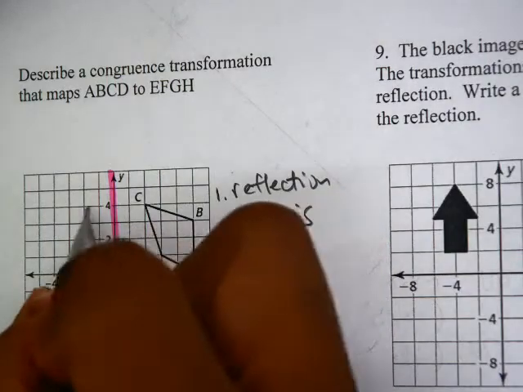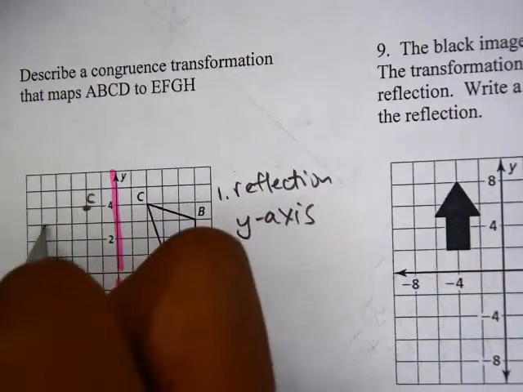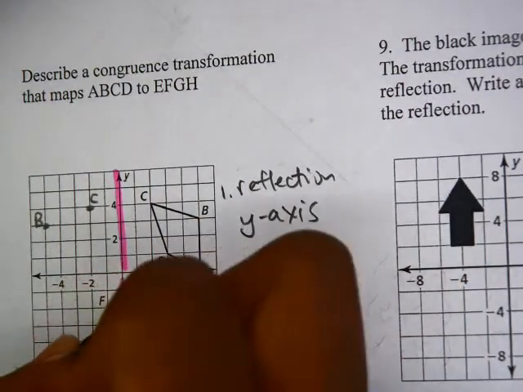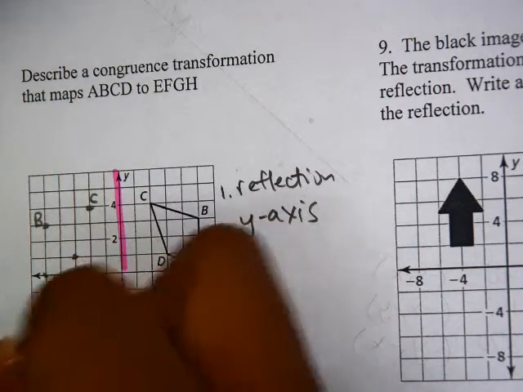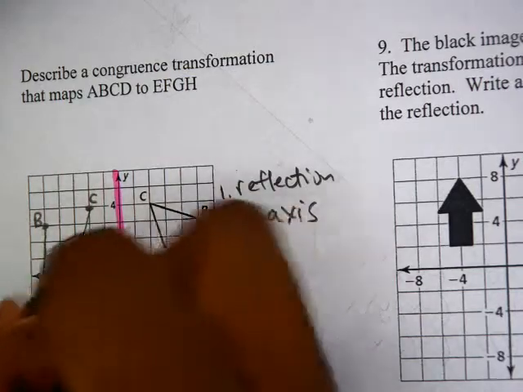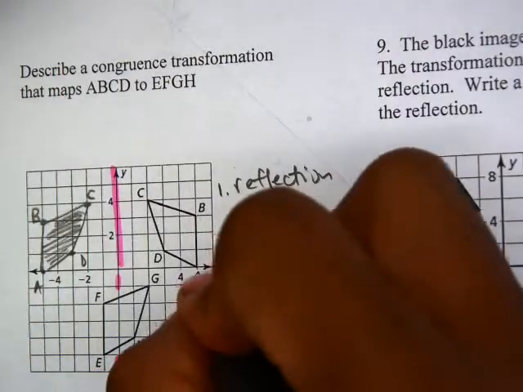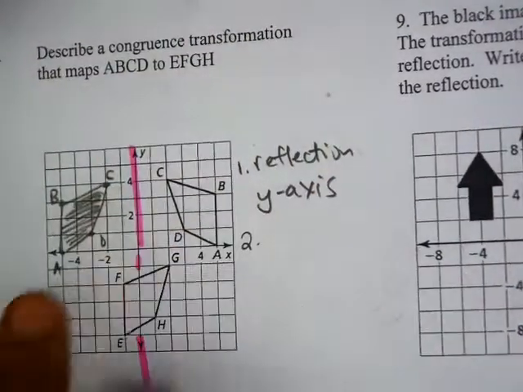That would give me C to be over here, B to be over here, A would be over here, and D would be over here.